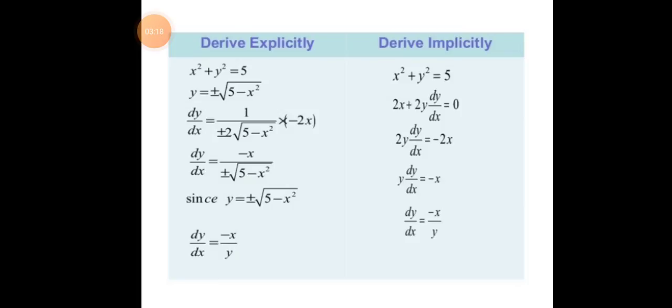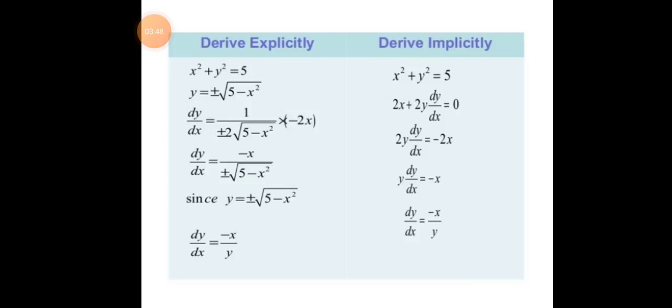Then dy divided by dx equals plus or minus negative x divided by the square root of 5 minus x squared. Since y equals plus or minus the square root of 5 minus x squared, dy divided by dx equals negative x divided by y. This is the derivative, derived explicitly.